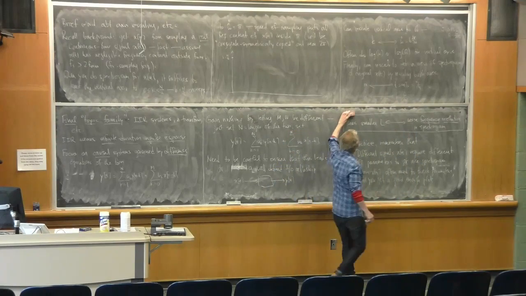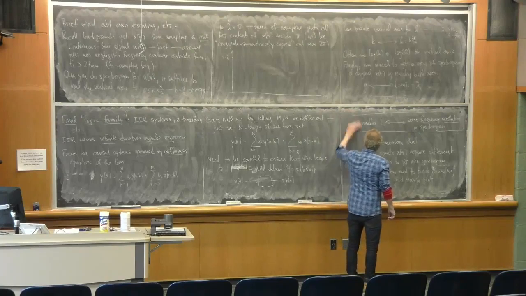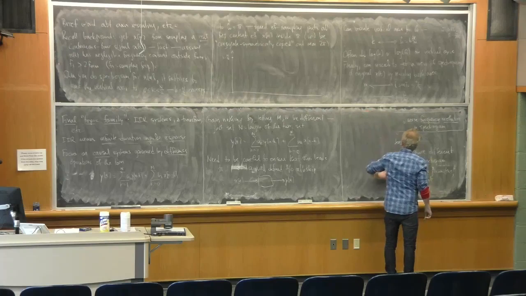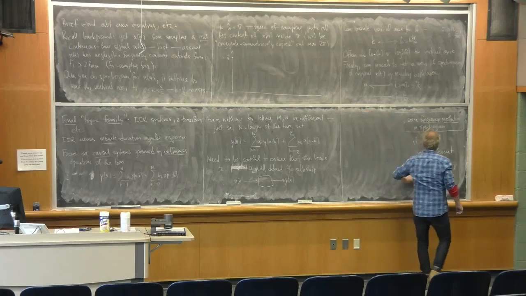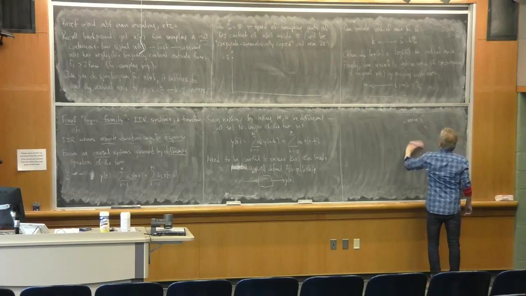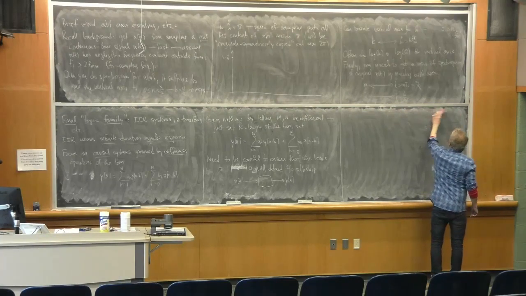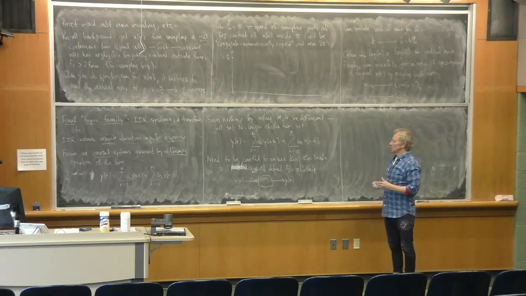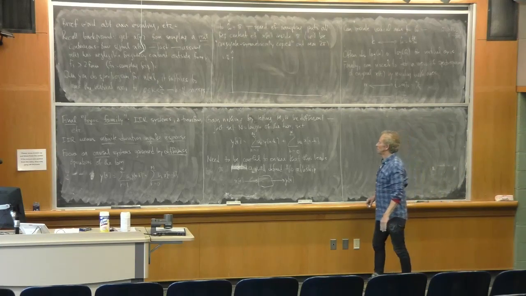So that's the wrinkle we have to iron out to make a picture like this. And the way we're going to iron that out is restrict the universe, so to speak, and I'm going to use that word a lot in the next couple days. Restrict the universe of signals that we're dealing with to be signals that are 0 for n less than 0.